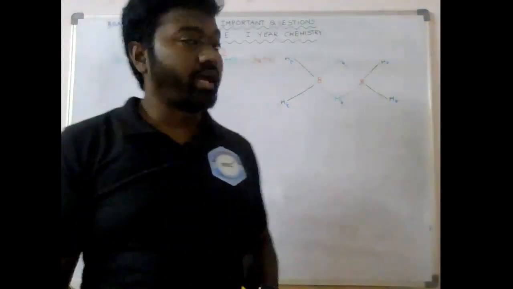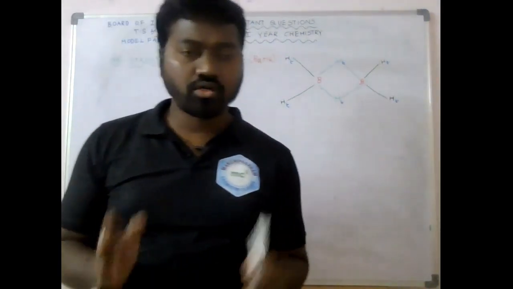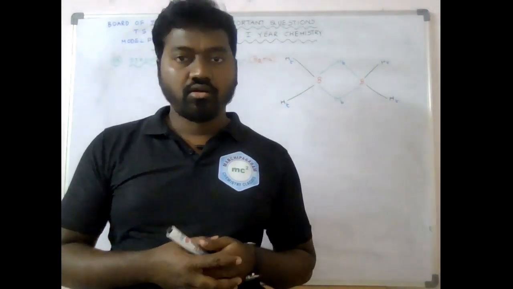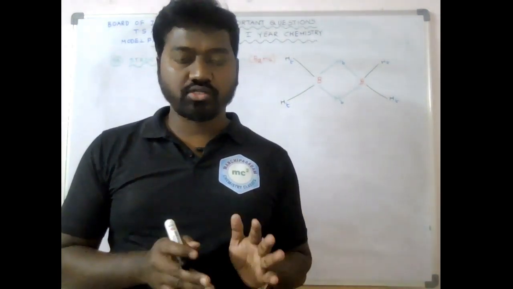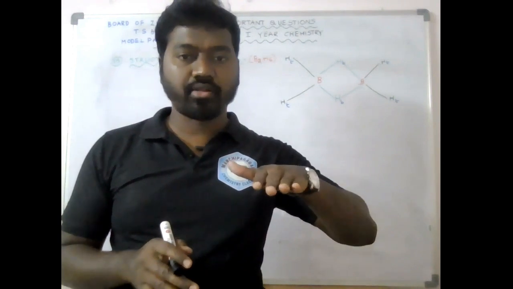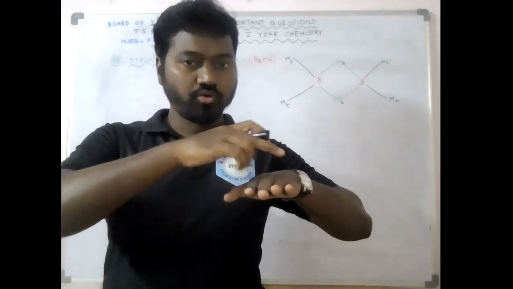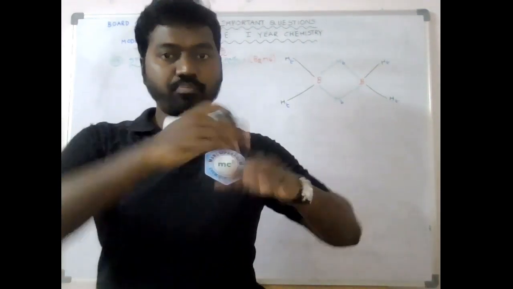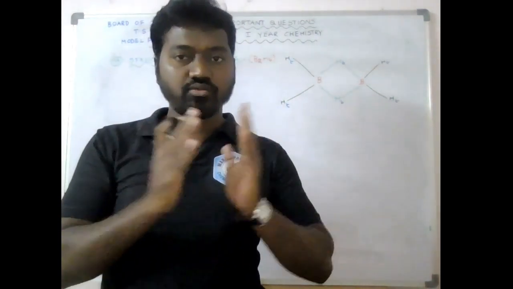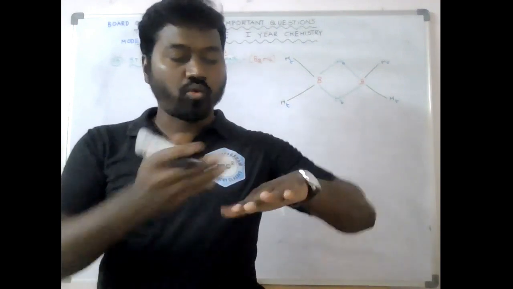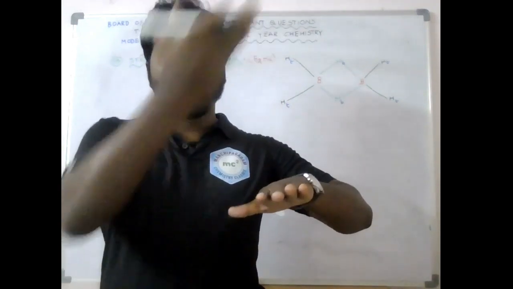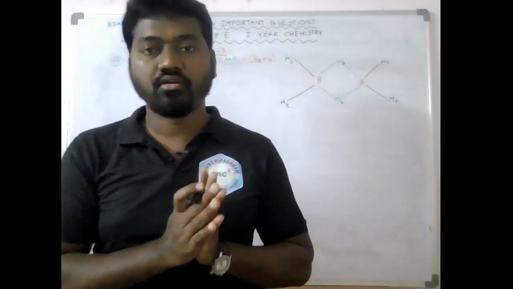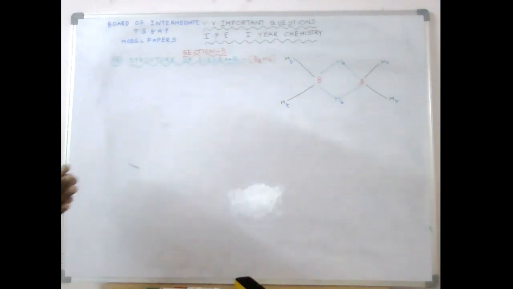Actually, out of all the 6 hydrogens in the diagram, if you observe, 4 hydrogens and 2 borons are all present on the same plane. Here boron is there, here also boron is there, hydrogens also on the same plane. Between the borons, one hydrogen will be above the plane and another hydrogen below the plane, both perpendicular to each other. Okay, these points we will write.